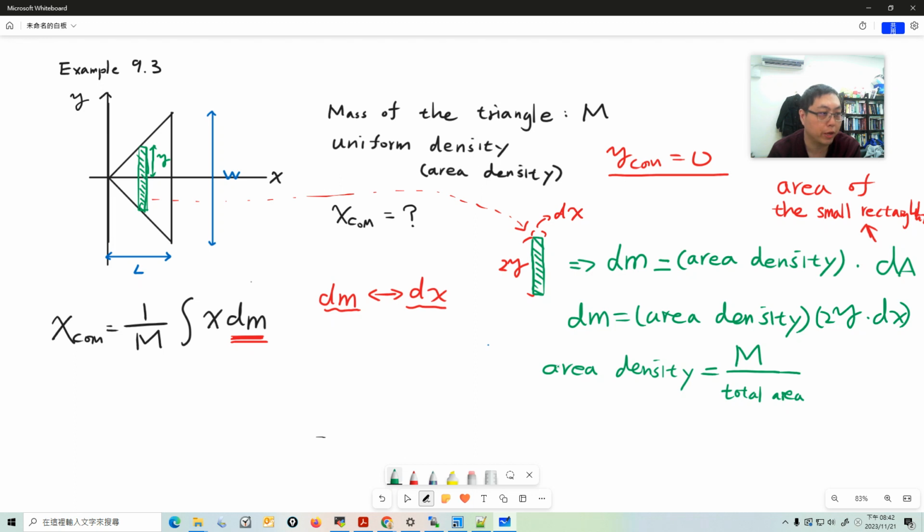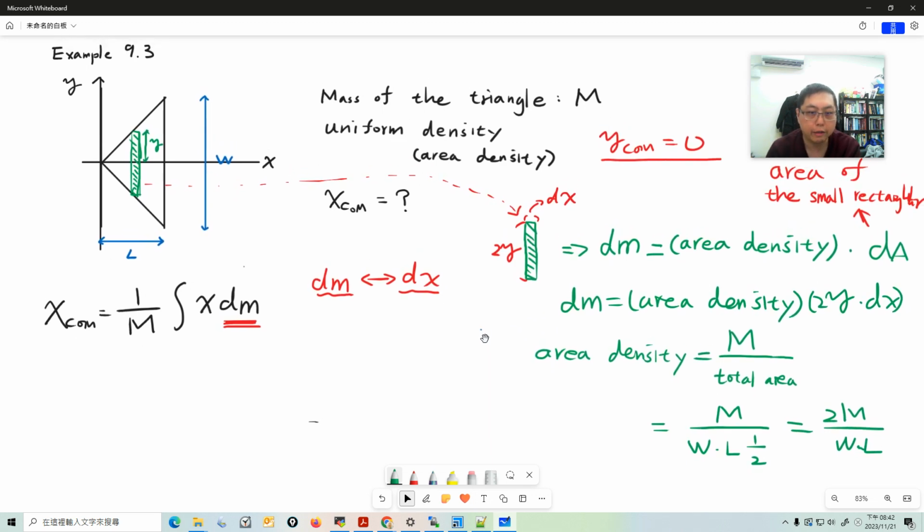It gives you the width and L, so the total area is W times L divided by 2. So the area density is 2M divided by W times L.